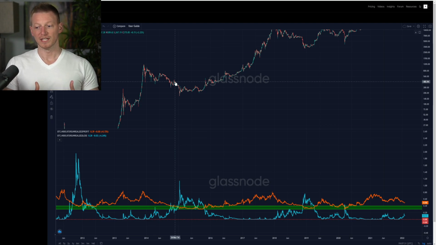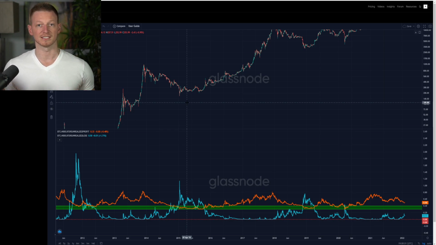So this is how you get market resets, because it shakes out the very last vestiges of the long-term holders, those that are potentially going to sell. Because if you've held from 1100 all the way down to 300 and then all the way through a drop down to 150, you're probably going to hold no matter what happens. There is no price at that point at which you're going to sell your asset, because you've lost so much money.